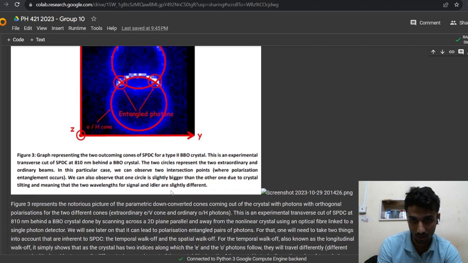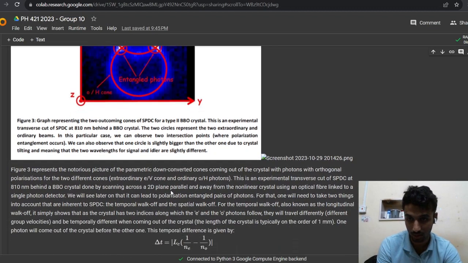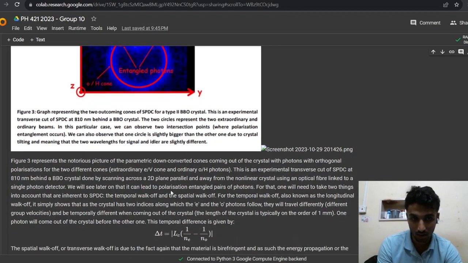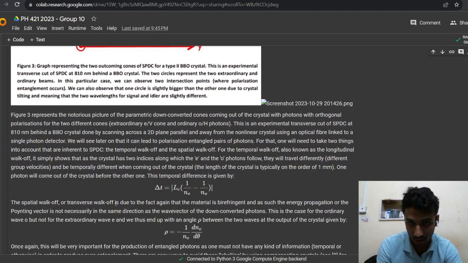These are the different extraordinary and ordinary photon beams with perpendicular polarizations. This is just a cut of the SPDC, and we look at some particulars of these two waves. They're separated both temporally and spatially, with temporal and spatial walk-offs. We look at the reasons here, and this is required for entanglement.